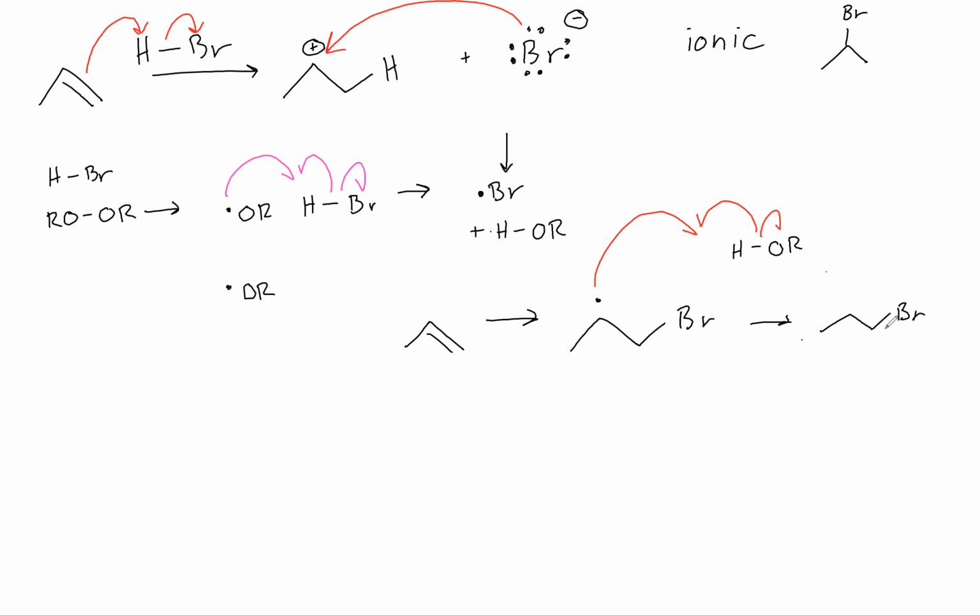Whereas when we did radical addition, our bromine added first, which forced the radical to go on the more substituted carbon. So the order that these substituents were added in defined whether it's going to be Markovnikov or anti-Markovnikov. All right? Does that clear up any questions you may have had about this?